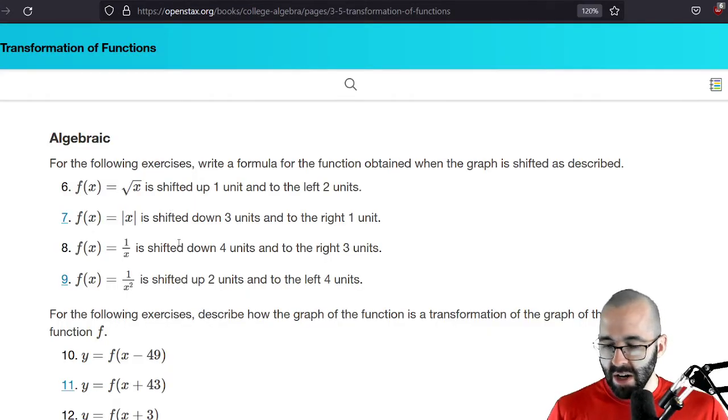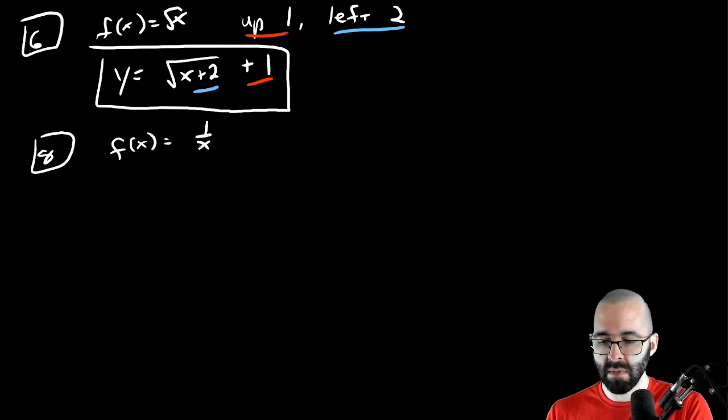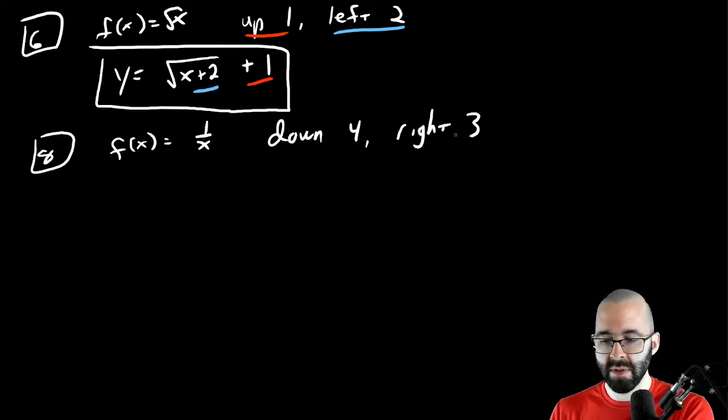Next problem, number 8. 1 over x shifted down 4 and right 3. So down 4 is minus 4 on the outside.